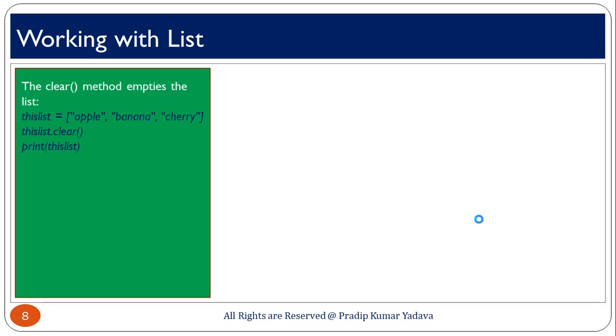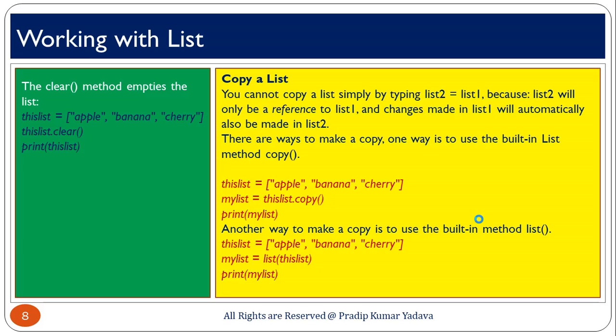Now, we have the clear method. If you want to make your list clear, you can use the clear method, this list dot clear, and your list will be cleared, meaning there will be no item. Okay. Now, copying a list: suppose there is a list 1 and you want to create a copy, you can. We have two methods to do this. The first one is copy.